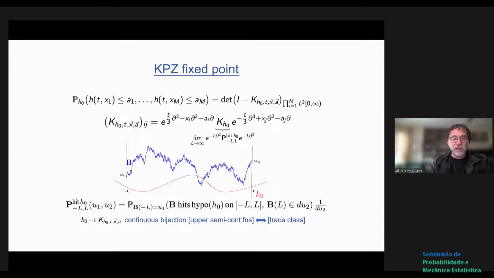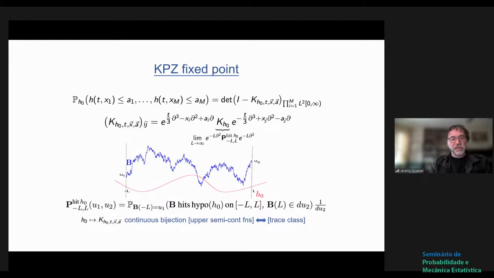You can actually compute it in various cases. So for the narrow wedge one I told you before, the KH0 just turns out to be a projection operator. And for flat, well, you might imagine computing it using the reflection principle. And indeed, KH0 just turns out to be the reflection operator. So these are actually operators which you can really compute about your initial data.